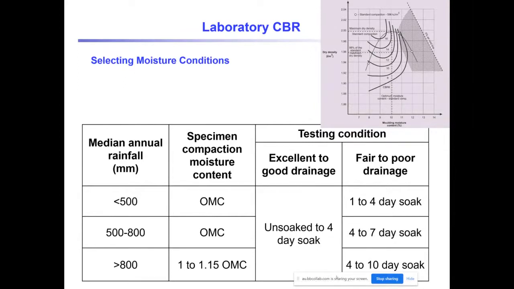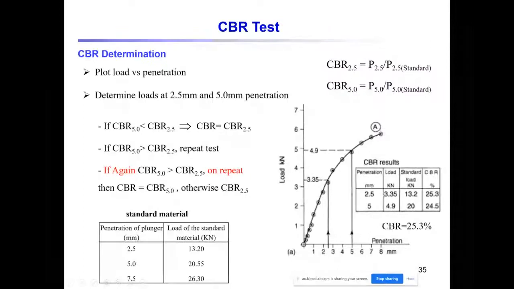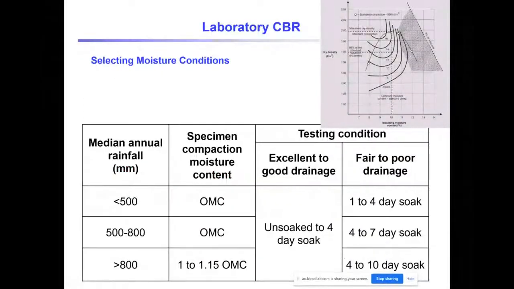If the city that you're considering and designing the road for is a city with heavy rainfalls, with over 800 millimeter rainfall per year, then you need to soak the sample at least for 4 days.